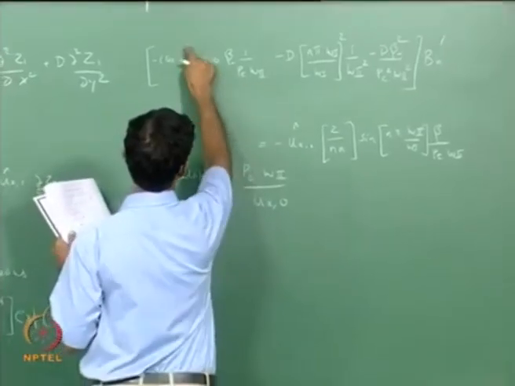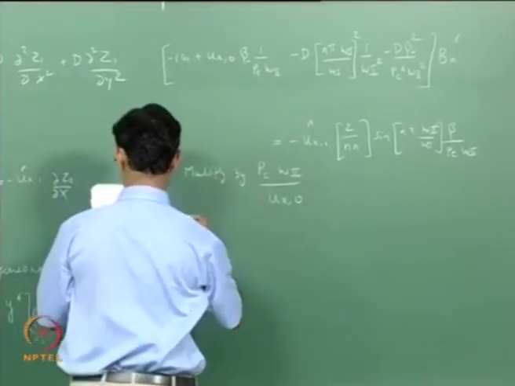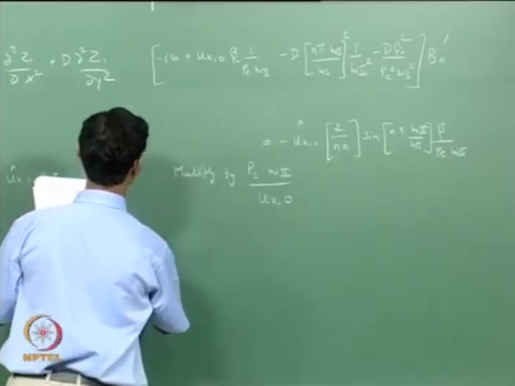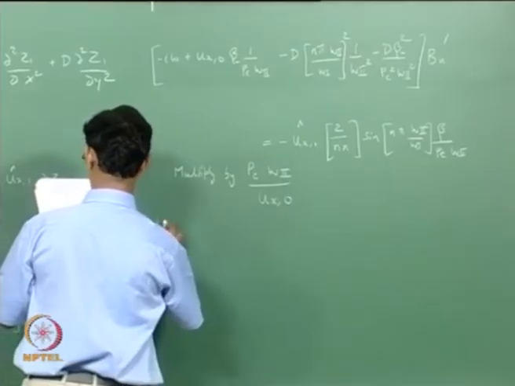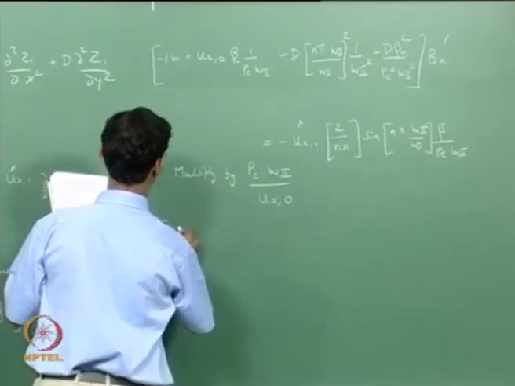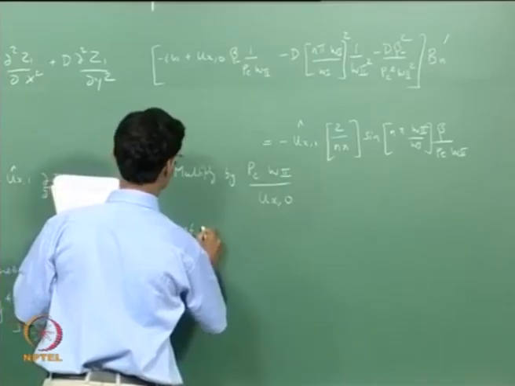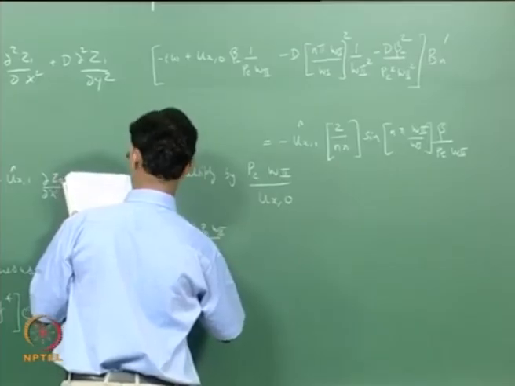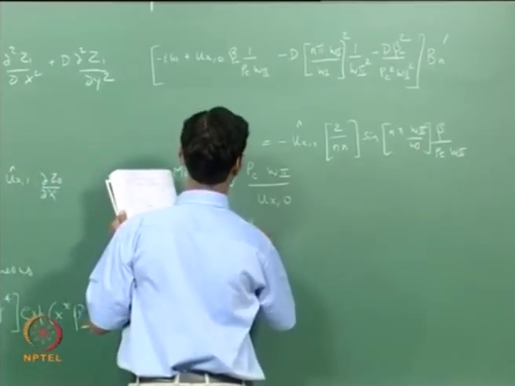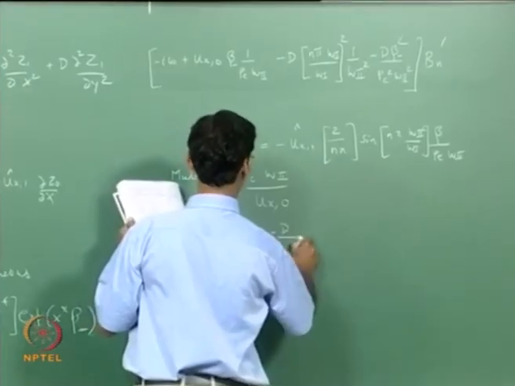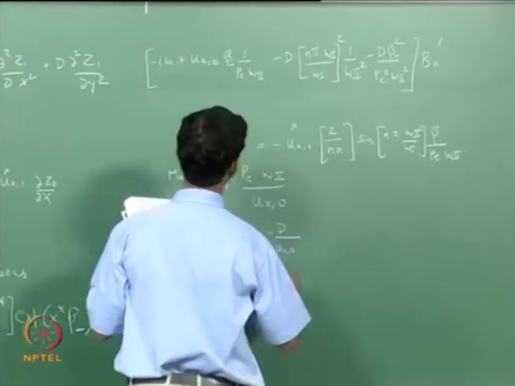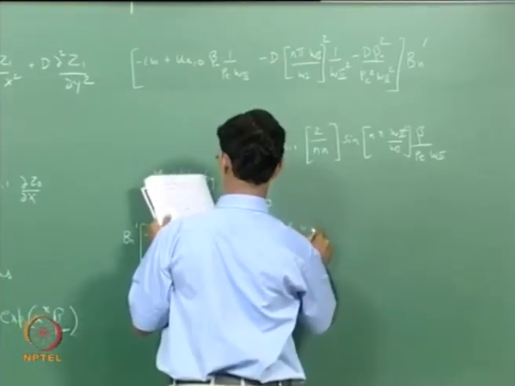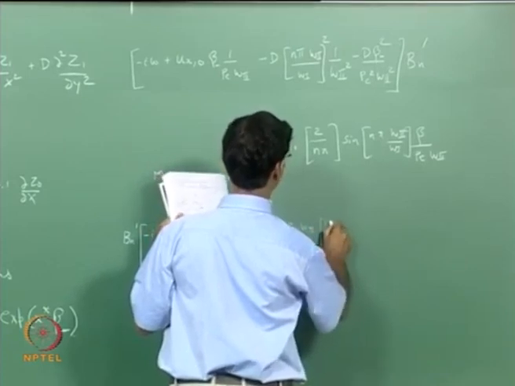So you will get omega, which is 2 pi f, Pe W2 over ux naught, plus beta minus d over ux naught Pe W2 into n pi.